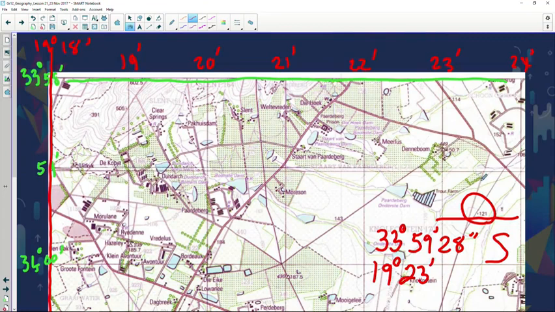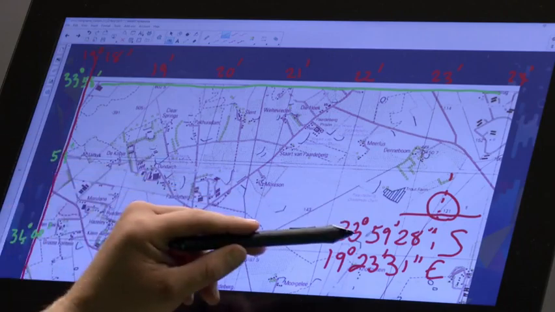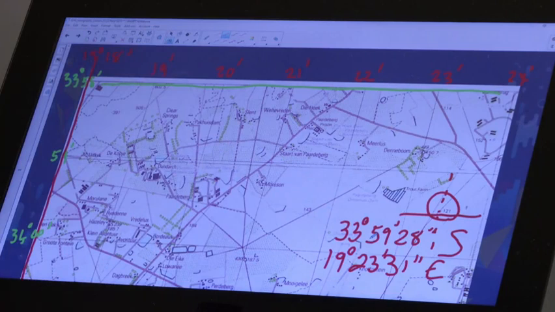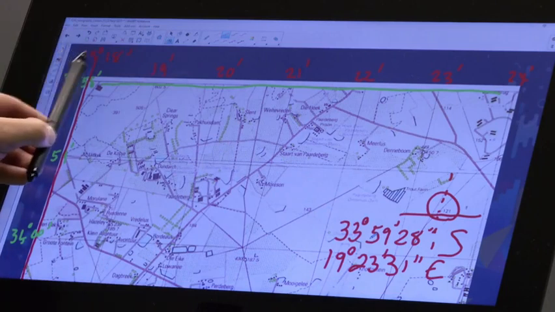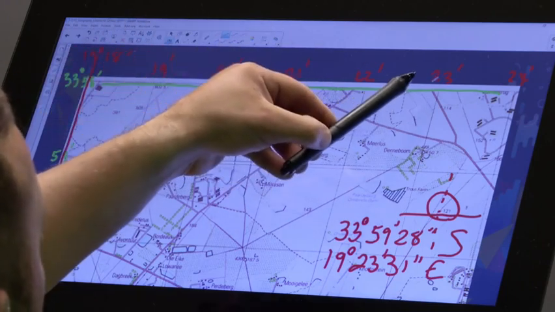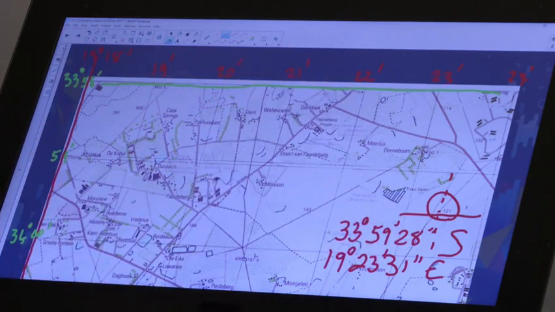And if we divide this block grid into 2, the spot height is probably 31 seconds east. So the correct coordinates for spot height 121 are 33 degrees, 59 minutes, 28 to 30 seconds south, and the longitudinal position is 19 degrees, no, 19 degrees, 23 minutes, 31 seconds east.